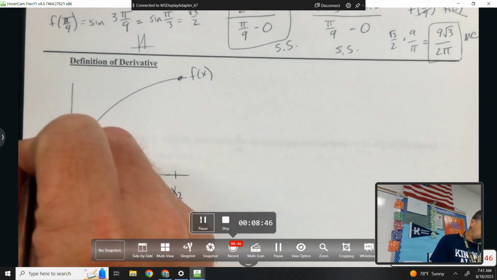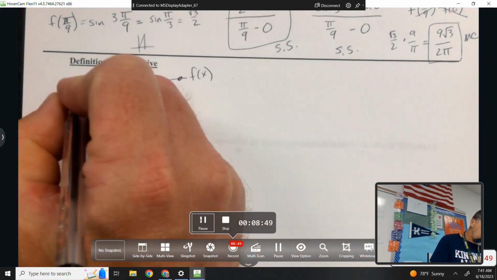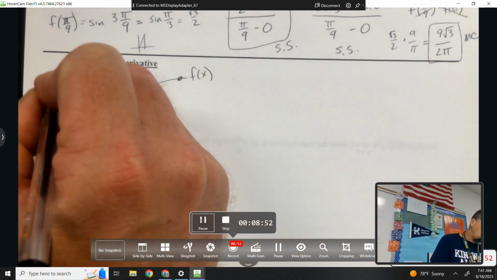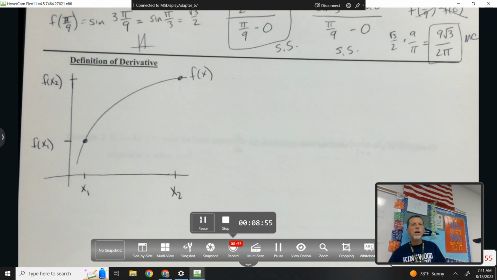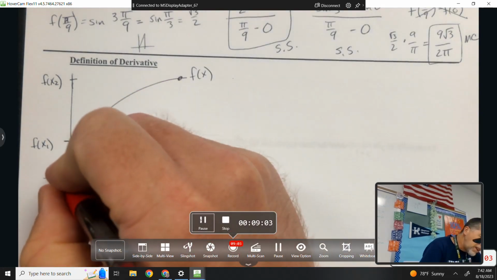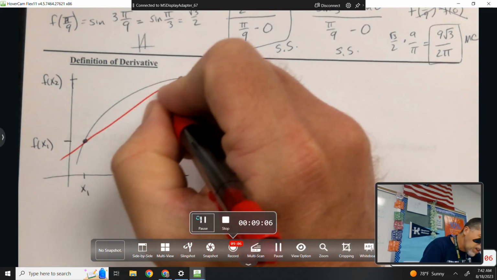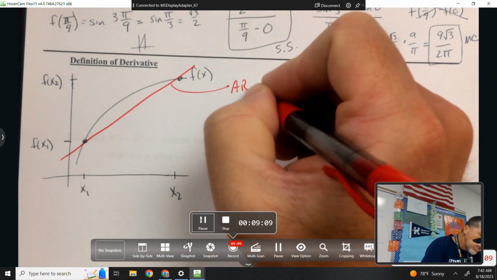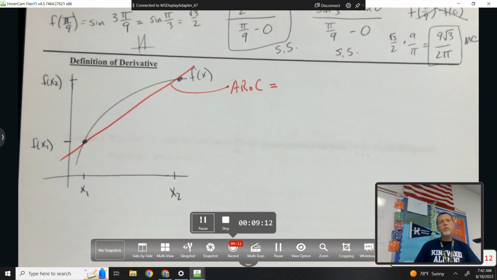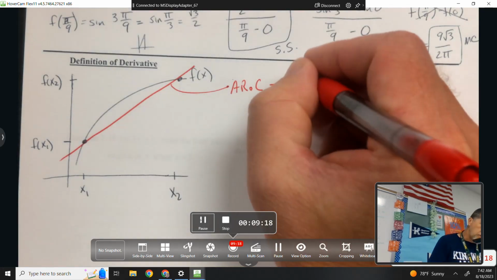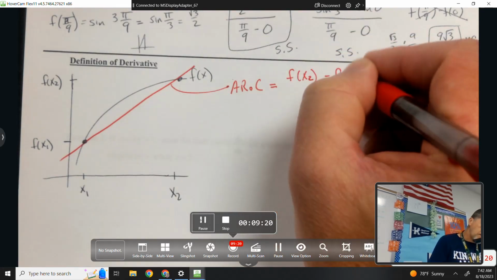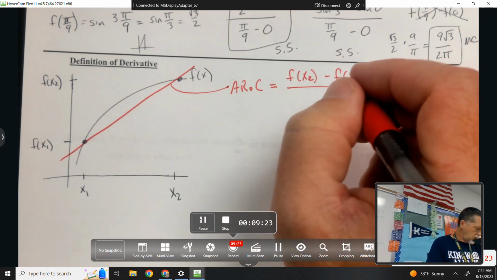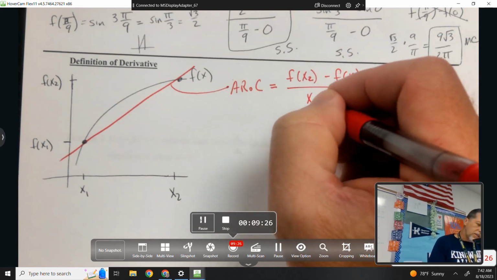So the y values would be f of x1 and f of x2. And if we wanted the average rate of change between those 2 points, it would just be f of x2 minus f of x1 all over x2 minus x1.